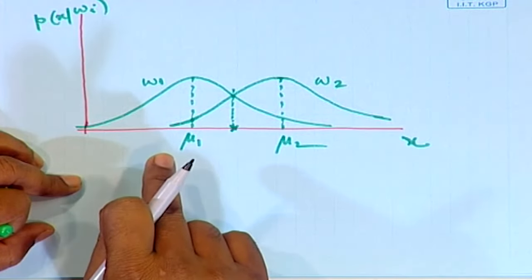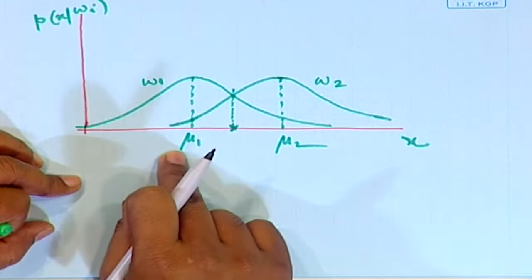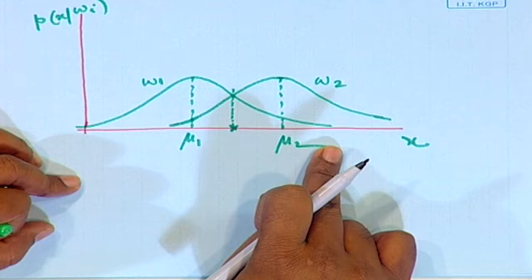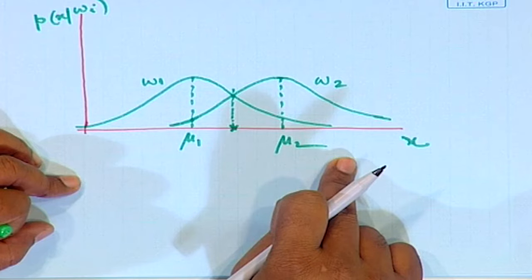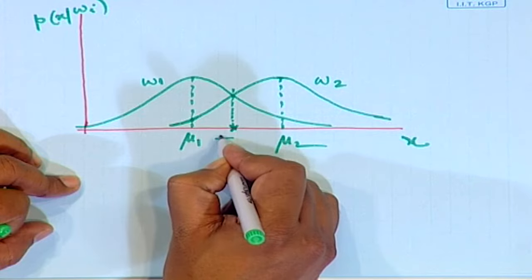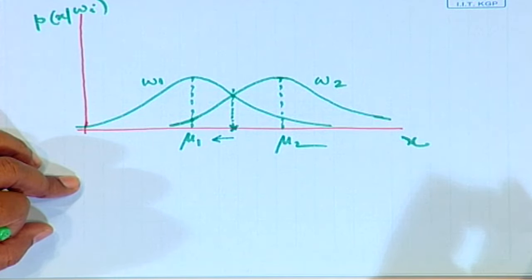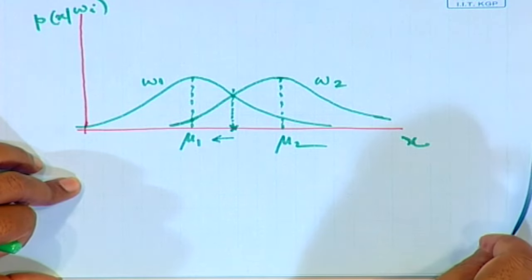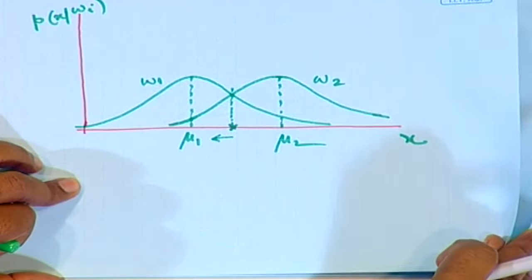If P(ω_1) is greater than P(ω_2), then the decision surface will be pushed away from μ_1. If P(ω_1) is less than P(ω_2), then the decision surface will be pulled towards μ_1. So, in the simplified case, when all the covariance matrices are the same and of the form σ² I, we get such simplified linear classifiers, and the decision boundary between the two classes will be orthogonal to the line joining the corresponding mean vectors.